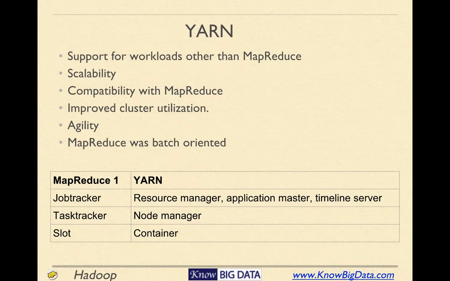Okay, so whatever we called the job tracker in MapReduce 1 became multiple things in Yarn: the resource manager, the application master, and the timeline server. And the task tracker became the node manager, and the slot became the container. Slot as in an individual task slot.